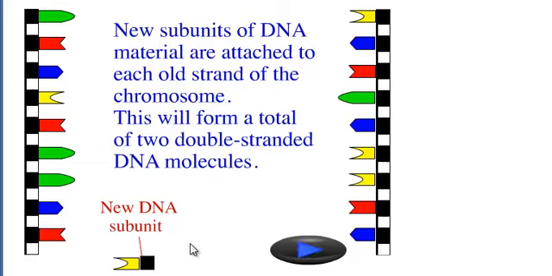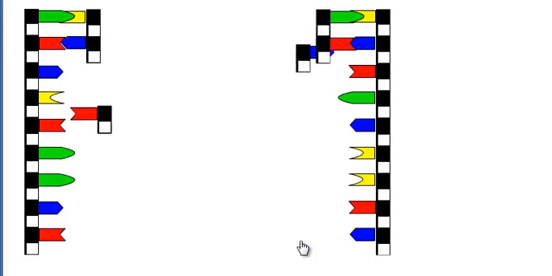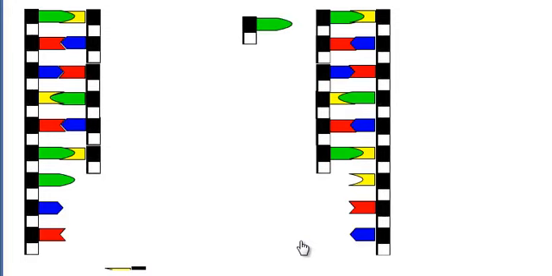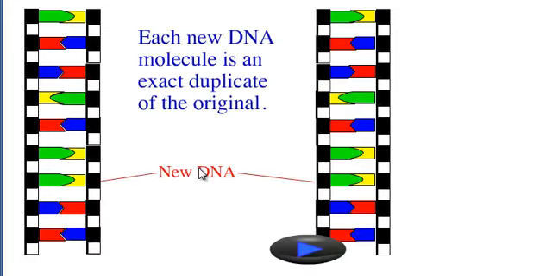So now what happens is that a new DNA subunit, a nucleotide, is going to come and bond to complementary bases. And here's why those complementary bases are so important. C and G will know to pair together, and A and T will know to pair together. This eliminates mistakes.